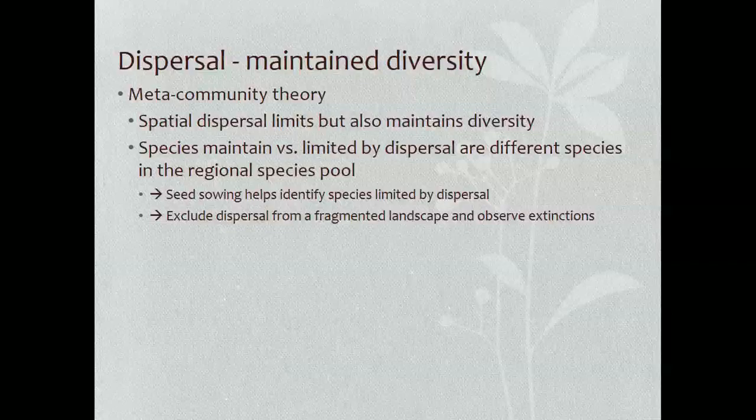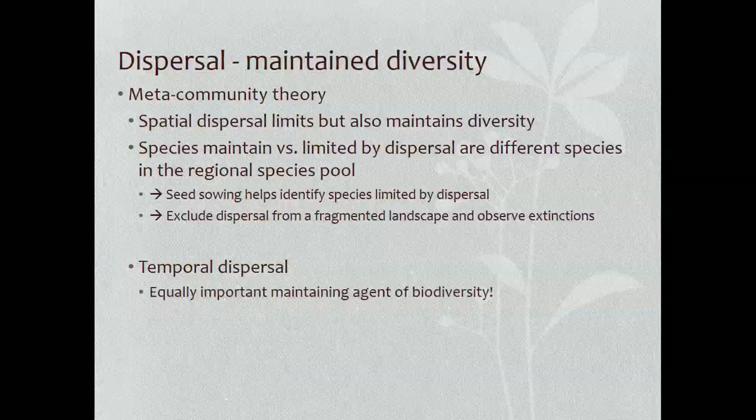Now, to establish how dispersal maintains diversity, we would ideally exclude dispersal from a system and observe which species go extinct. Then we could say these species are maintained by dispersal. Of course, that's not that easy to do. Beyond the spatial aspect, meta-community theory also talks about temporal dispersal as an important aspect for maintenance of diversity.